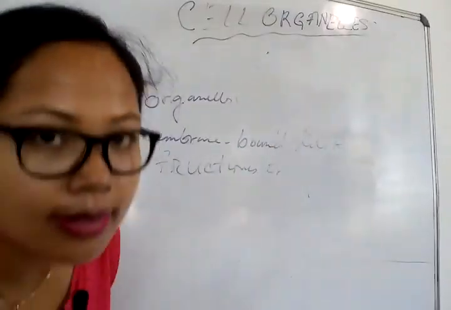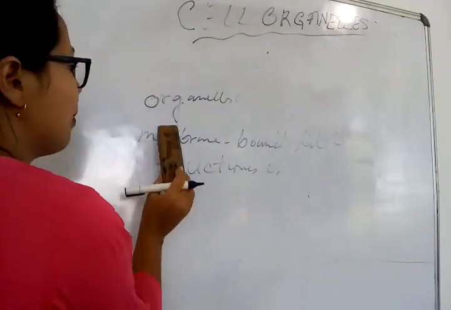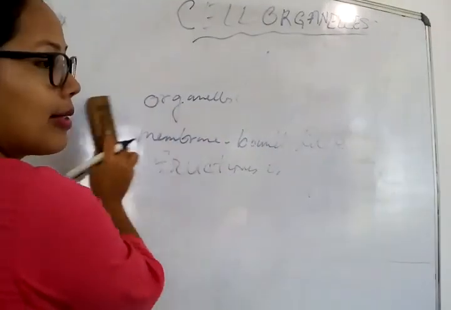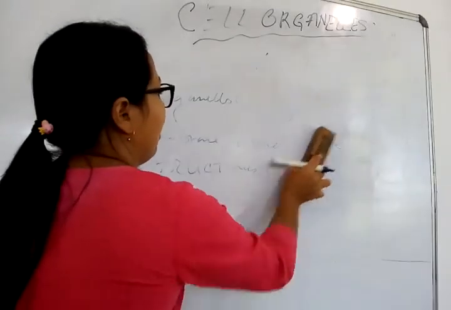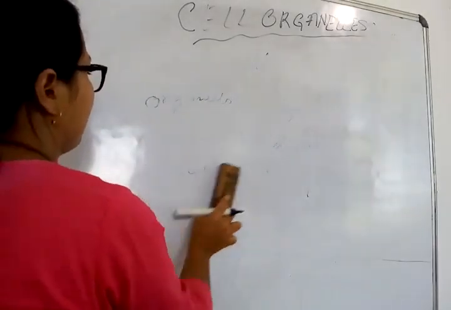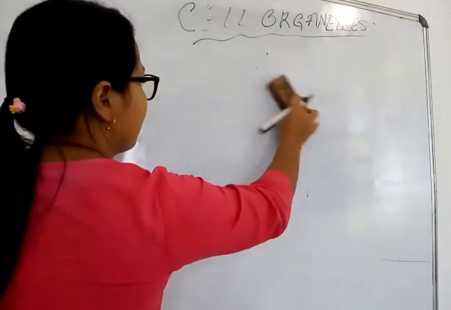So cells are separated through these membrane-bound structures, or organelles. Okay, so cells are separated with the help of these.